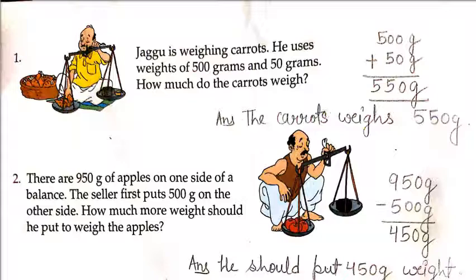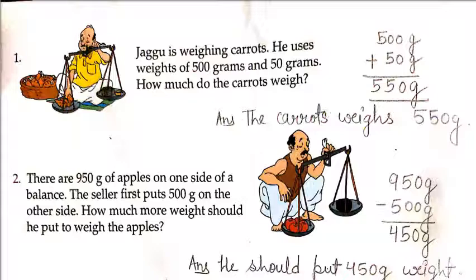Children, in this question you will see that this is a fruit seller and he is selling apples. You will see that he is having a balance and on one side of the balance there are some apples. The weight of these apples is 950 grams. Children, you will see that on the other side of the balance there is a weight of 500 grams. But you will notice that the pan containing apples goes down.